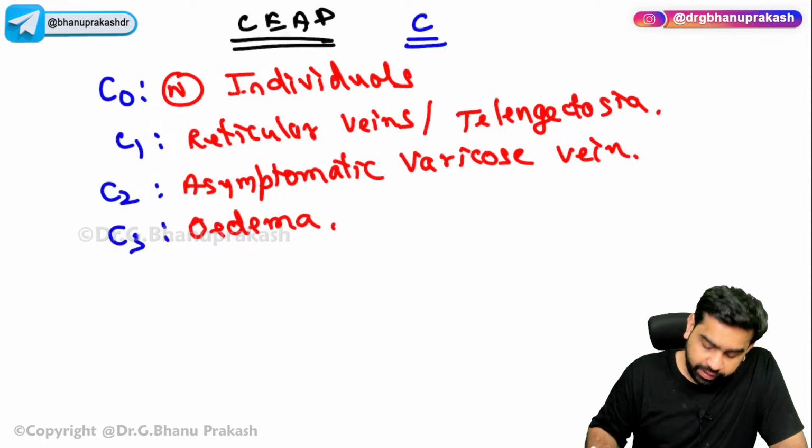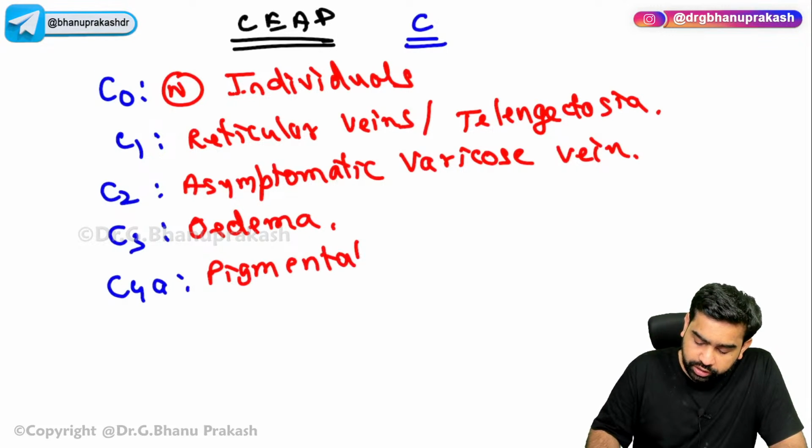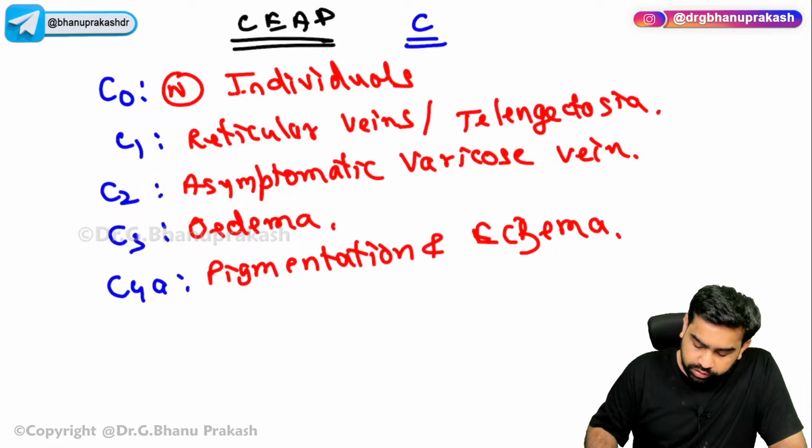Then what we have is a C4. C4A basically involves pigmentation and eczema. Then we have a C4B.